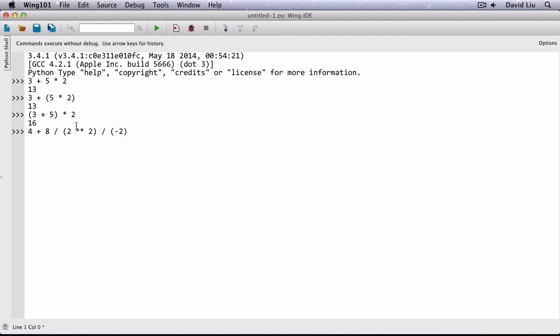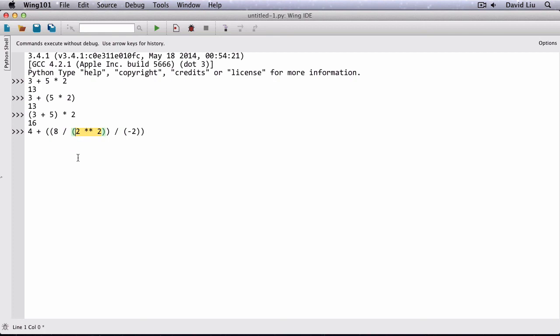So in this case, first 8 would be divided by 2 to the power of 2, and then the result of that would be divided by negative 2. And then finally, 4 would be added to the result. Let's try to figure out what this evaluates to without hitting enter, just so we know that we're clear on what we're doing. First thing we do is evaluate 2 to the power of 2.